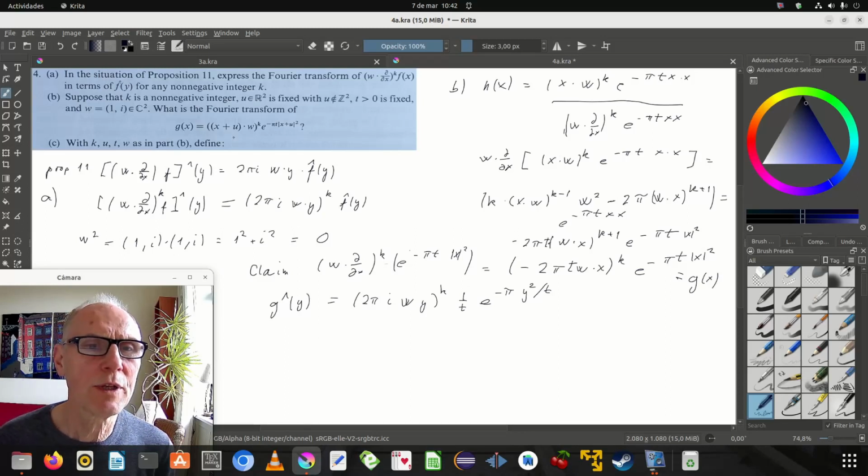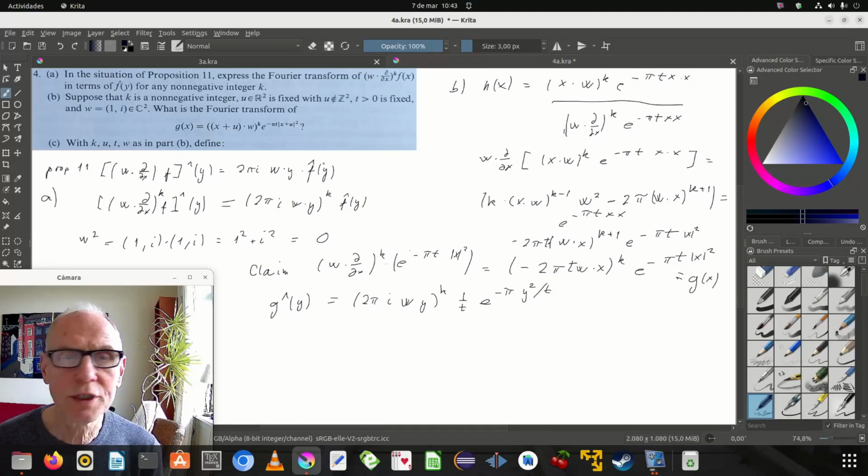And finally, we need to make the transformation. So I look up the transformation formula. It's wrong to call it G, so we call it G tilde.